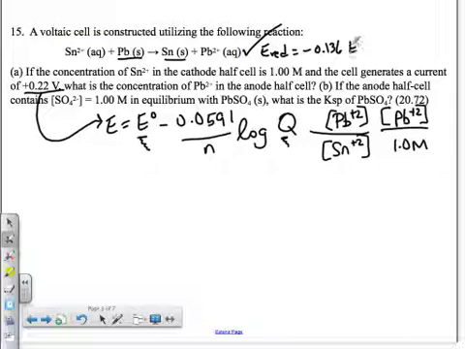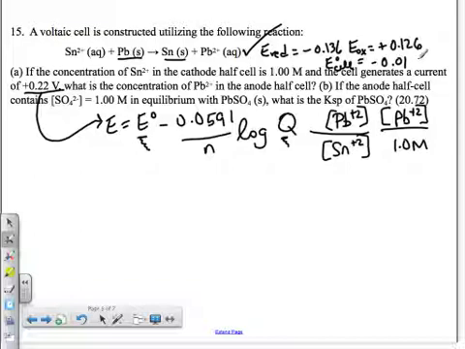The oxidation is lead going to lead 2, so find that, and then you flip the sign, so it's +0.126. All right, so the E for this cell is equal to -0.01. So it's negative. It's not a spontaneous combination.